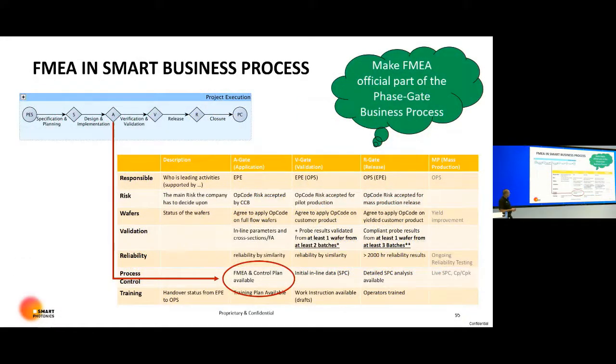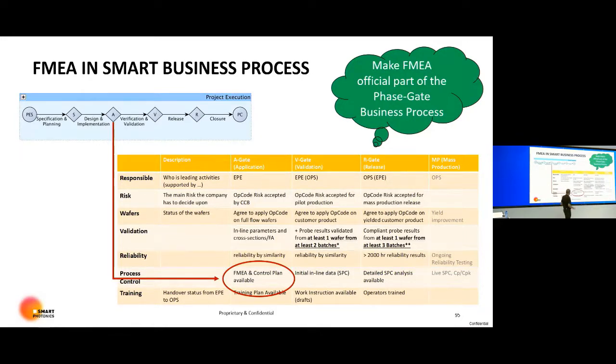First of all, it's really in our business process. Like many companies, we have a phase gate business process. The one we took inspiration from is from NXP. We are a startup company, so you look at your big brother. And we have a gate in there called the A gate, when we apply a process onto real wafers.